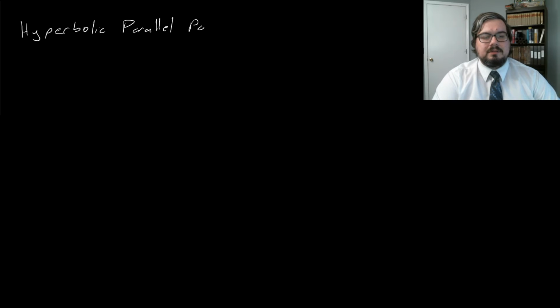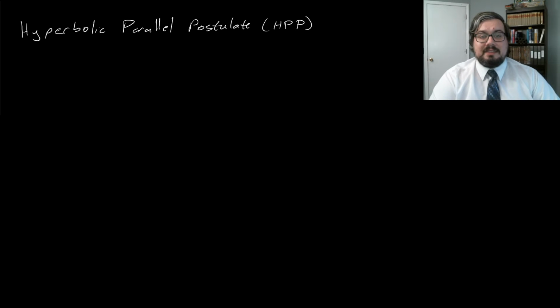And that's what gives the name to the next axiom we're going to have, the hyperbolic parallel postulate, or HPP. The hyperbolic parallel postulate says basically that the parallel postulate doesn't hold.